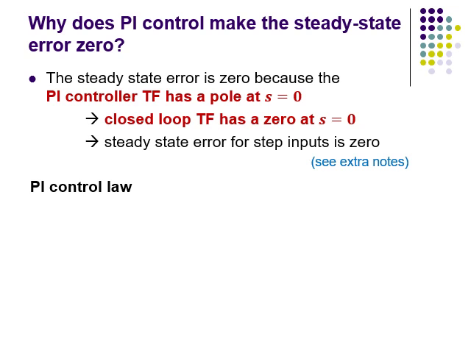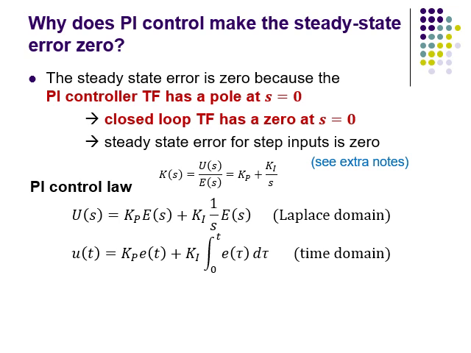So let's just look again at the transfer function of the PI controller. The transfer function of the controller defines the control law. So the PI controller transfer function is equal to the output divided by the input.